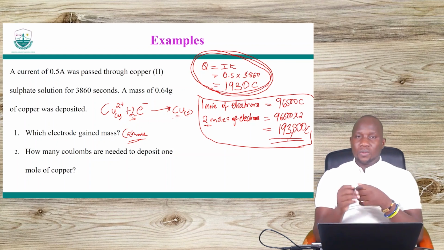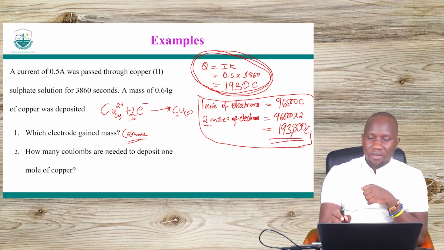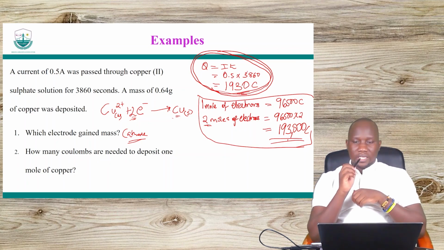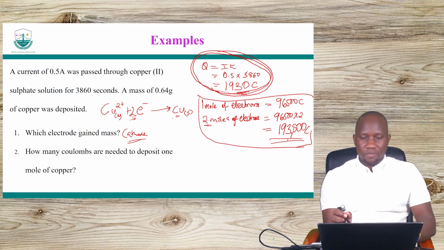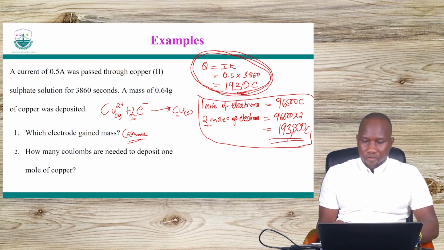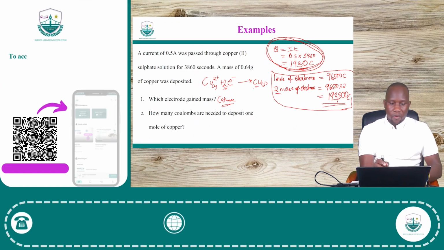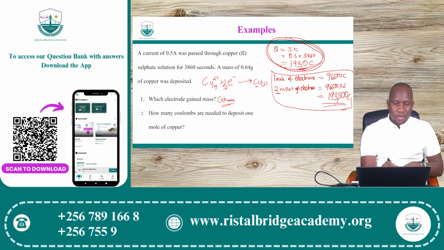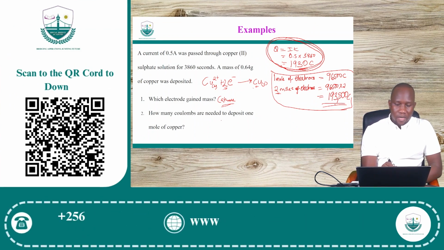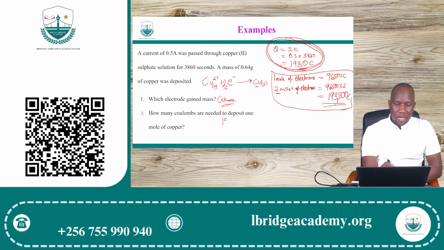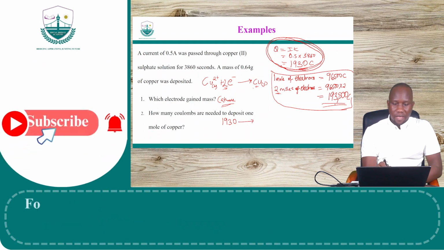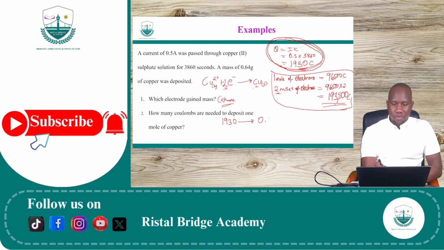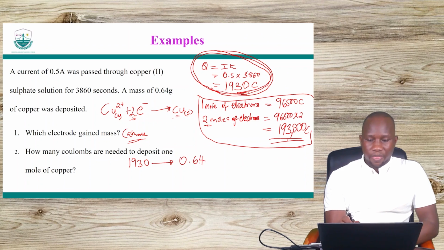Okay, but you can still go with this approach. Let's try that out. With this first approach of first calculating the quantity of electricity, what we can actually do is say that our 1,930 coulombs is giving us 0.64.